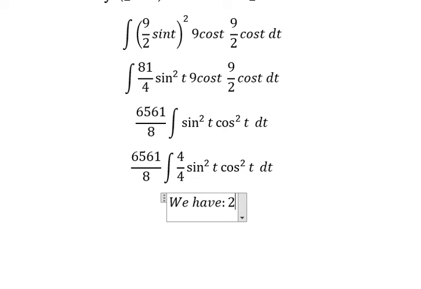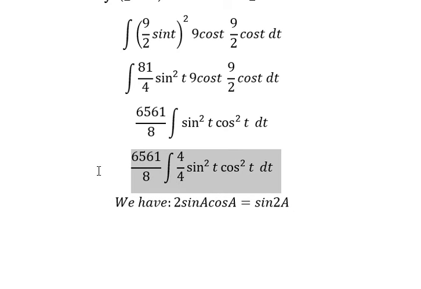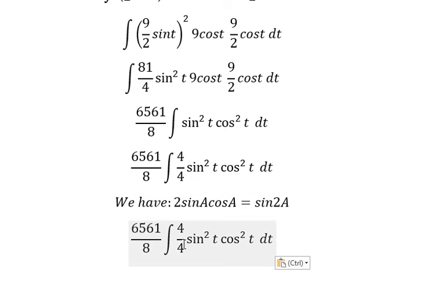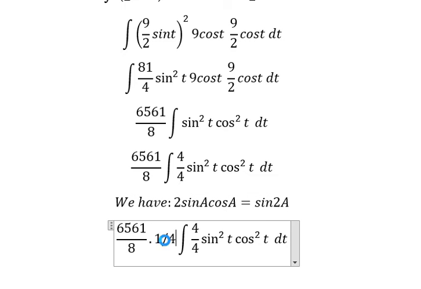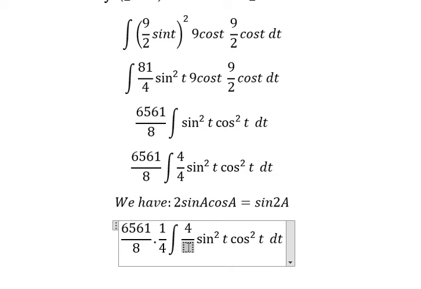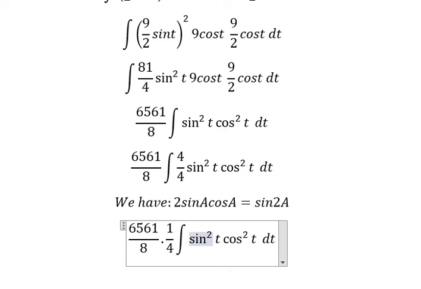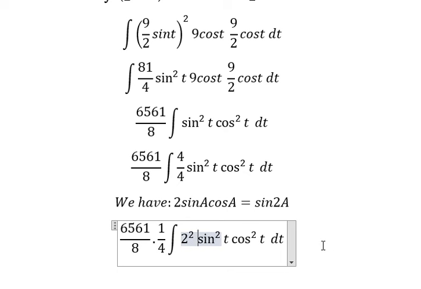That's 2 sine a cosine a equals sine 2a. So I will put this number 4 outside. And then this number 4 in here, that's 2 to the power of 2.